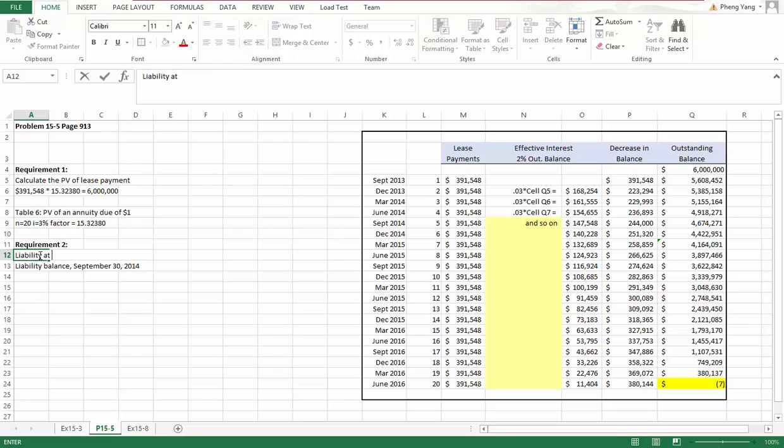I'm just going to put this here. Liability at December 31st, 2013. The way we would calculate this is we would take the liability as of September 30th, 2013 of $6 million.